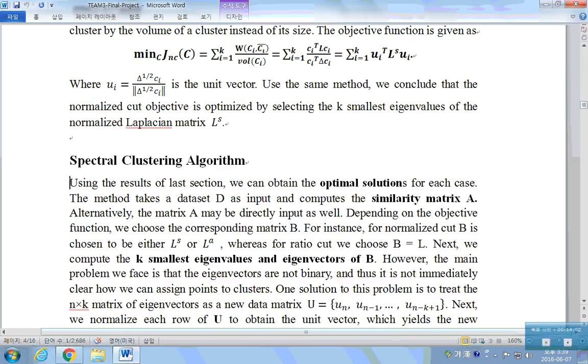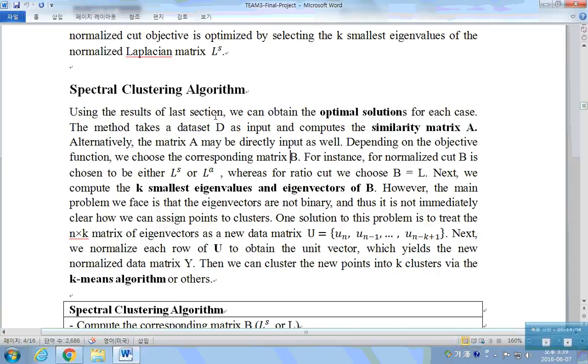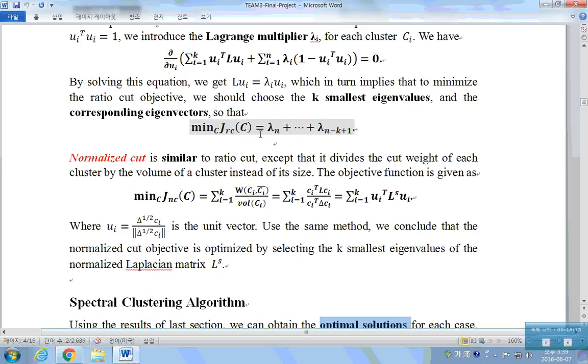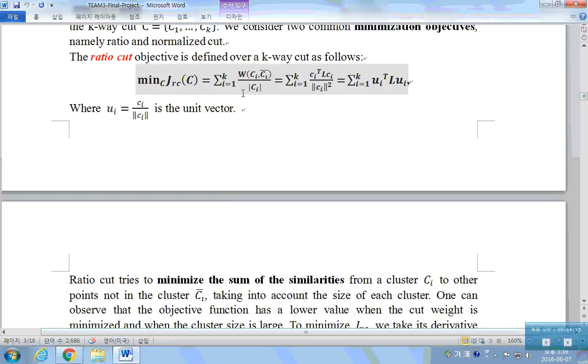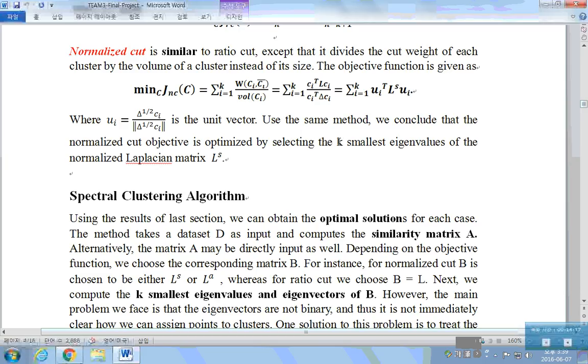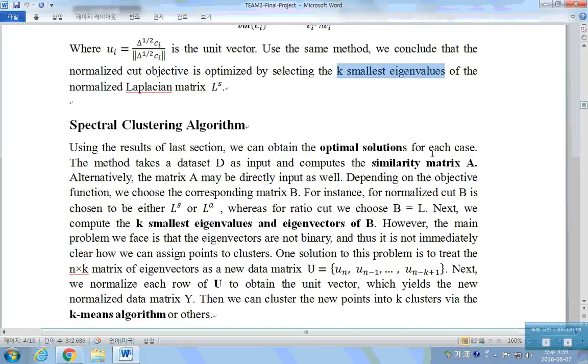So here is the main process. First, we want optimized solutions for this one and this one. Already we know this relates to the eigenvalues.